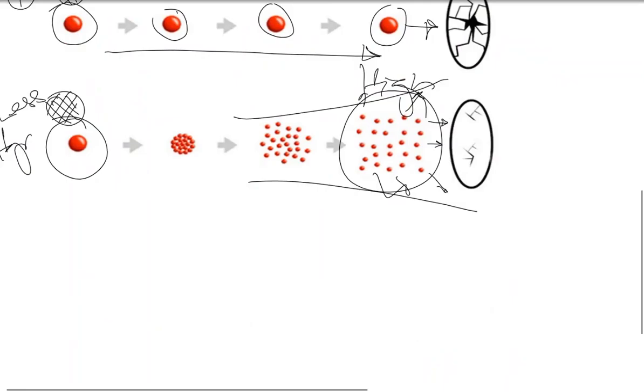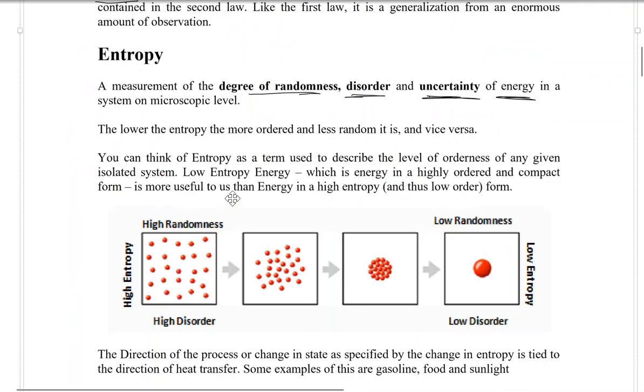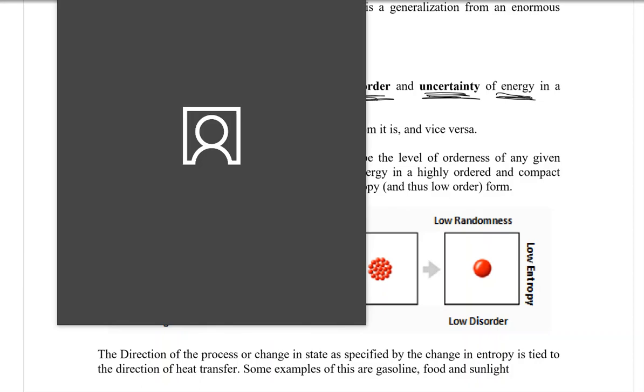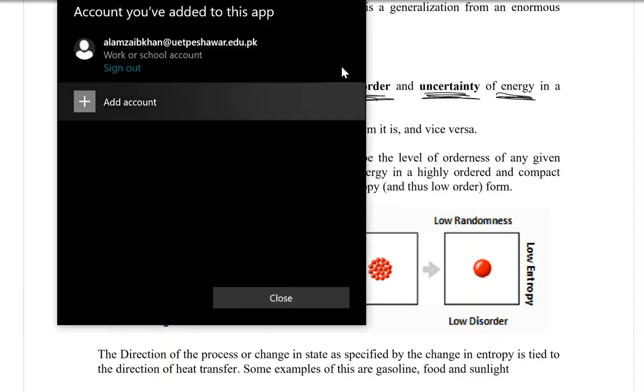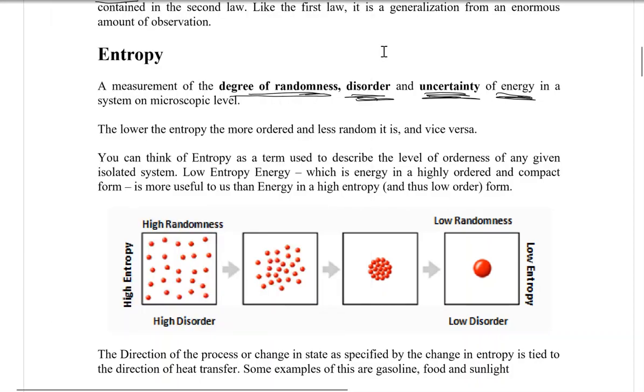So what is entropy? It is the degree of randomness, disorderedness, and uncertainty of energy. The more the randomness increases, the more the entropy increases.